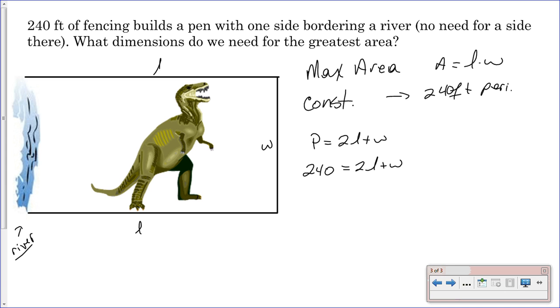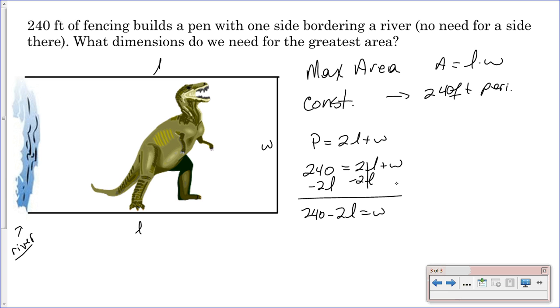All right. Now, eliminate a letter. So let's solve this for W, because we have 2L, so it'll be easiest to solve this for W. So minus 2L, minus 2L. So 240 minus 2L equals W. All right.